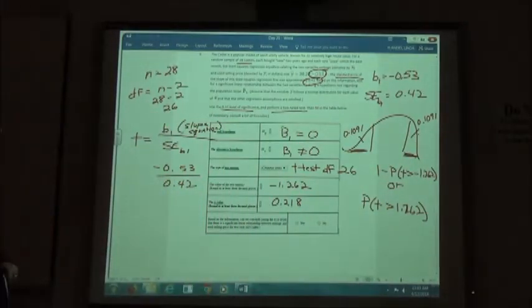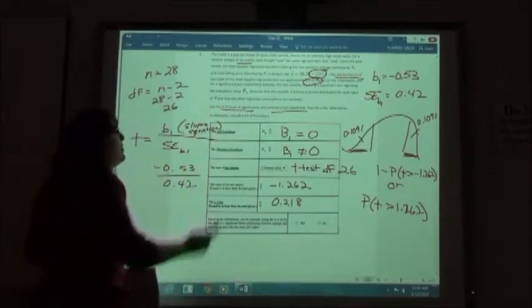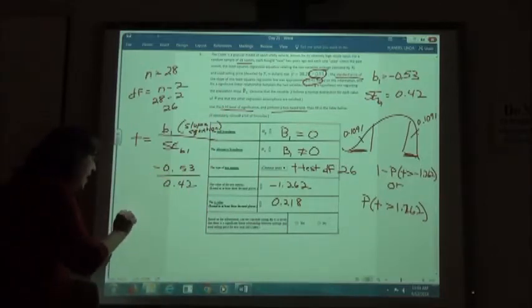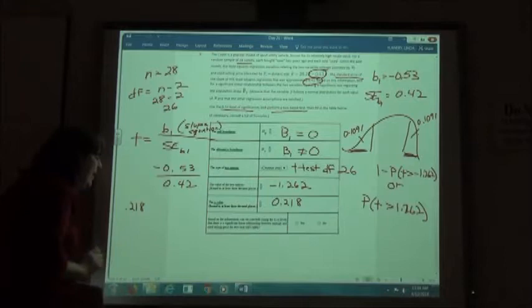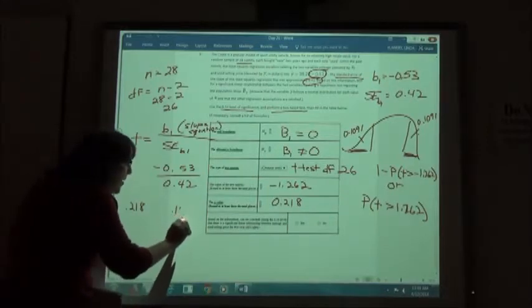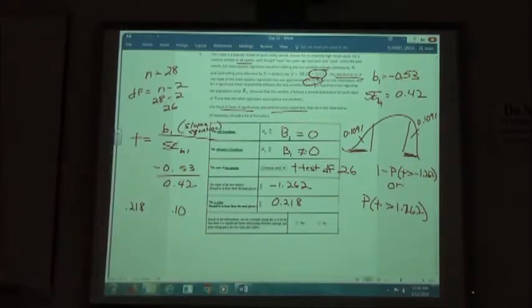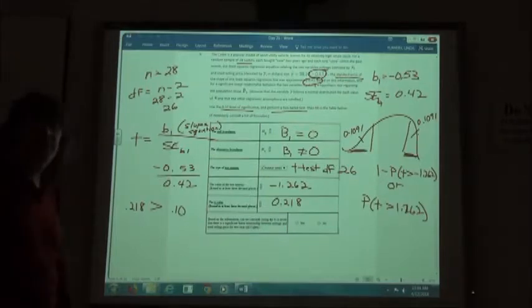I want to compare my p-value to my level of significance. I have a 21.8% p-value. I'm comparing that to the 10% level of significance, so that's going to be greater than. If my p-value is greater than my level of significance, then what do I do with my null hypothesis?